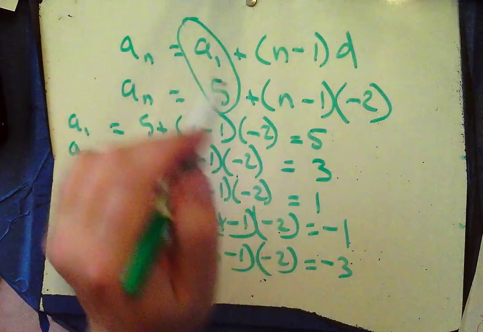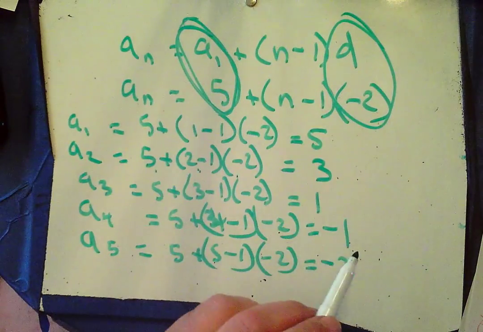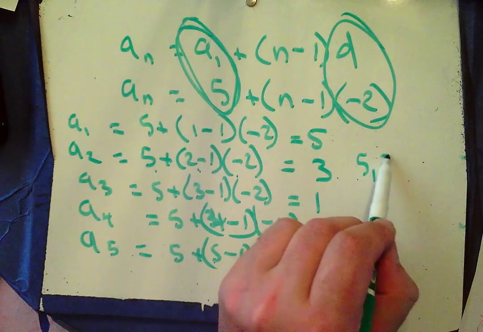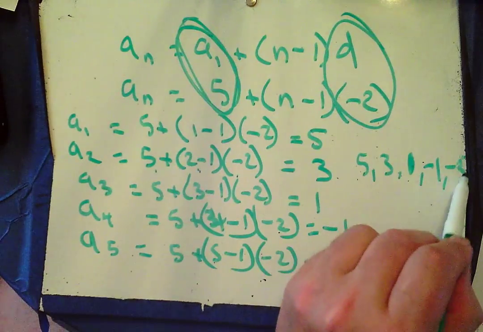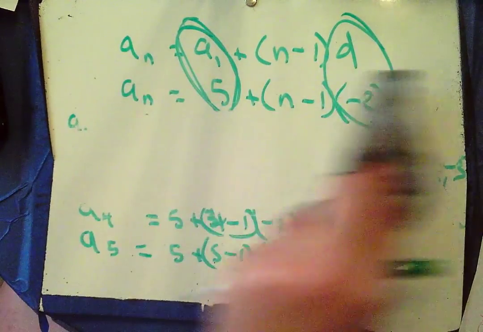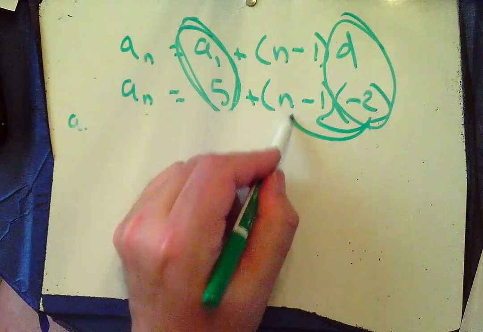Or, of course, we could identify a sub 1, we could identify d and say, all right, I start with 5, and then I go down by 2, and down by 2, and down by 2, and down by 2. That'll work too. Also, you might think to apply some algebra to this and distribute.